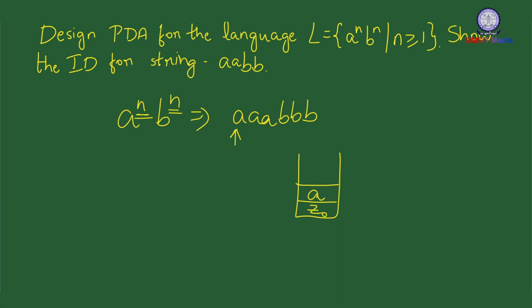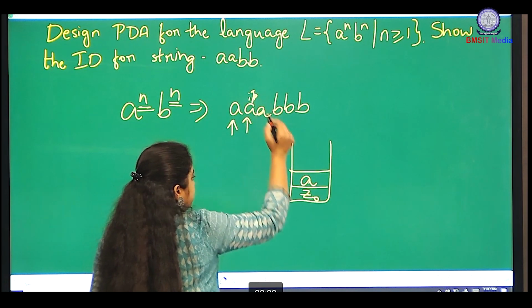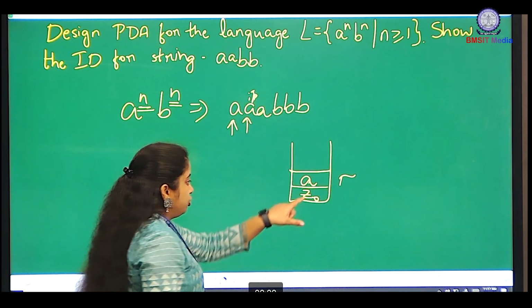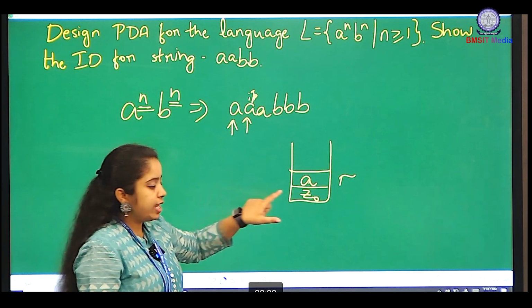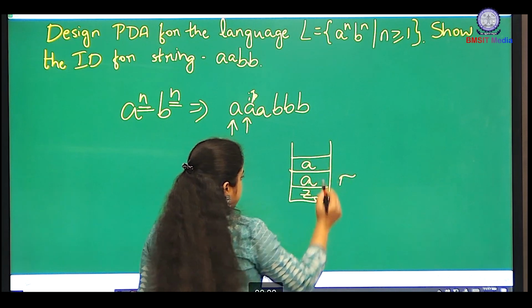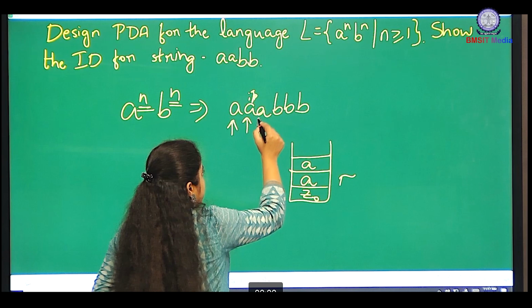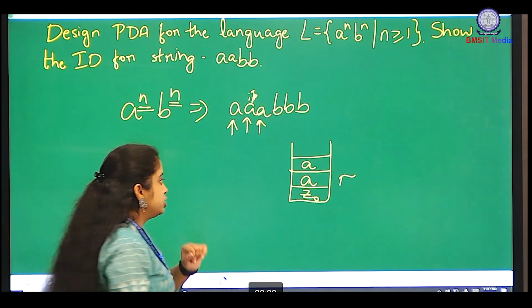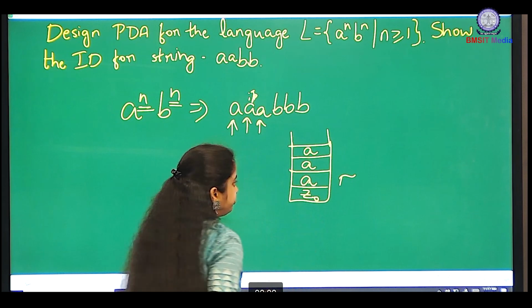The second A is the input symbol, and the top stack element is A. When you receive an A and you see A in the stack, again push that A to the stack. Again you will have one more A, push that as well to the stack.